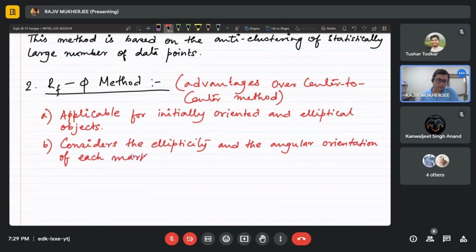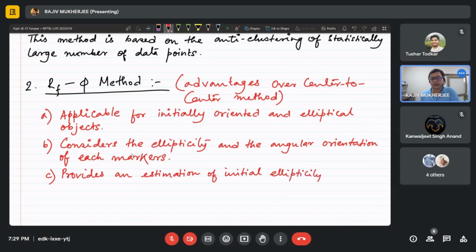Number three is this method alone, apart from the center to center method, provides an estimation of initial ellipticity. Ellipticity in a sense can also be similar to the aspect ratio which we are talking about. Okay, so initial ellipticity and the magnitude of strain.